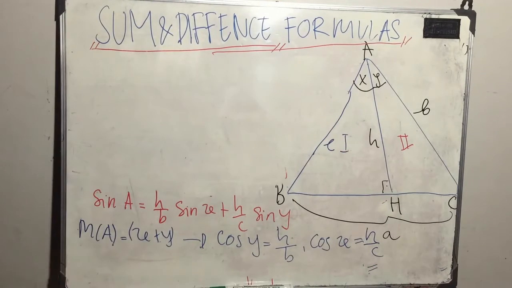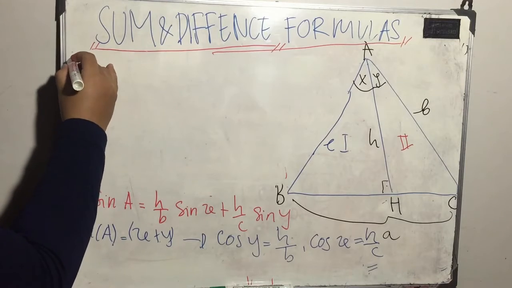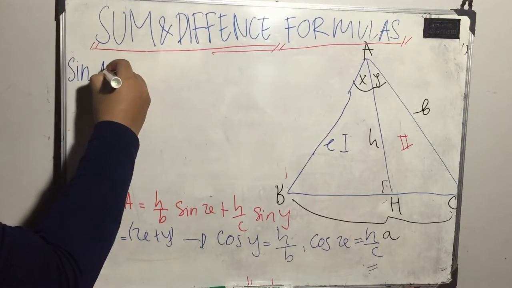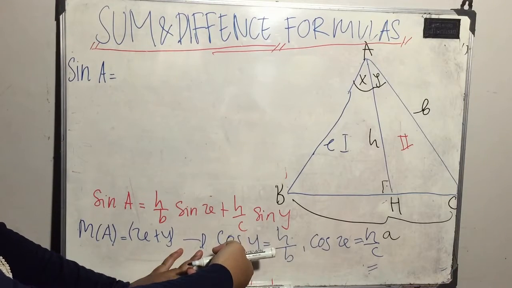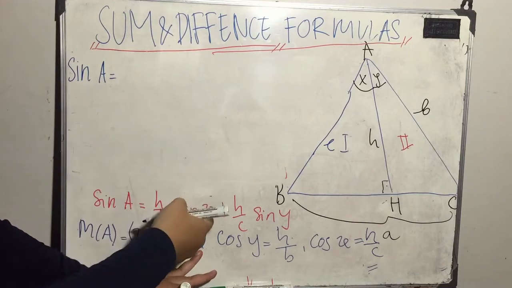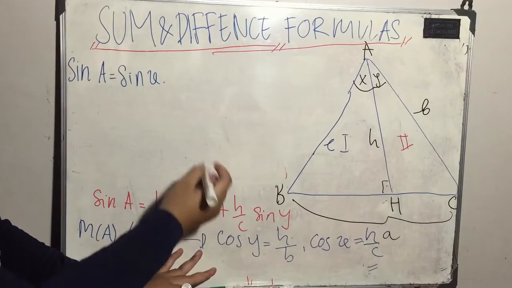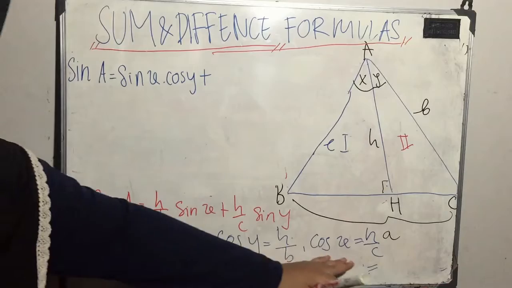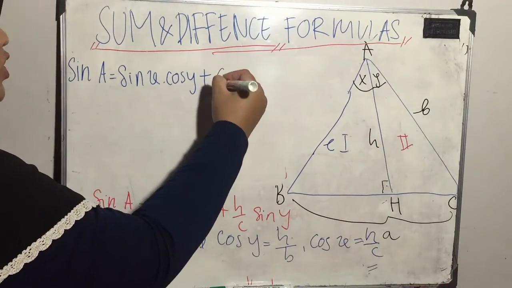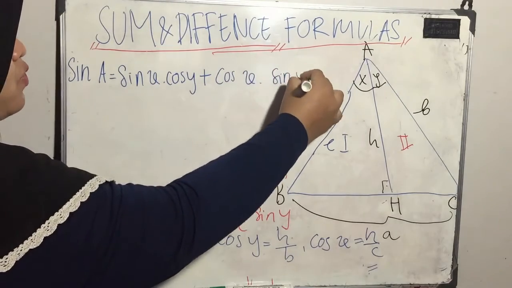So from here, we can substitute this cosine Y and cosine X to be here. The result is sinus A equals H over B, which is cosine Y, so we write sinus X first, sinus X times cosine Y, plus H over C, which is cosine X, times sinus Y, everyone.